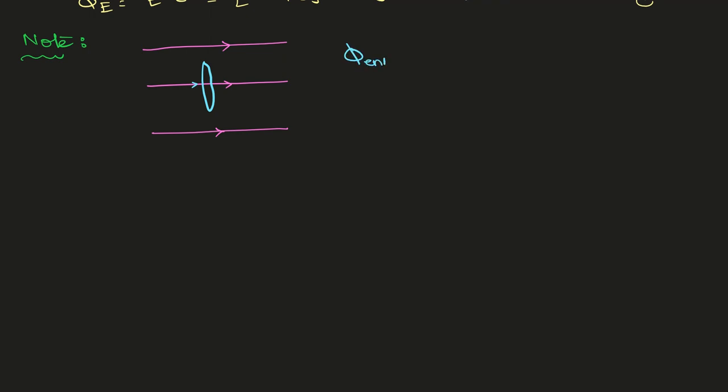So flux entering will be equal in magnitude to flux leaving, but for the total flux linked with the surface, as one is entering we have to take that as negative, and leaving we take as positive. So total flux linked with this is 0.